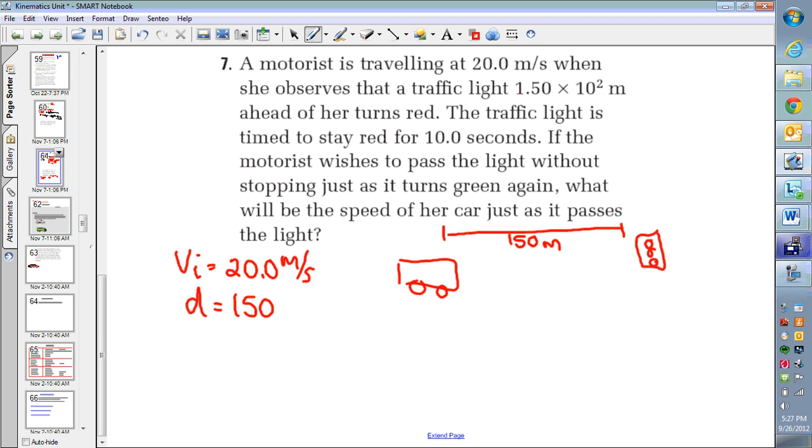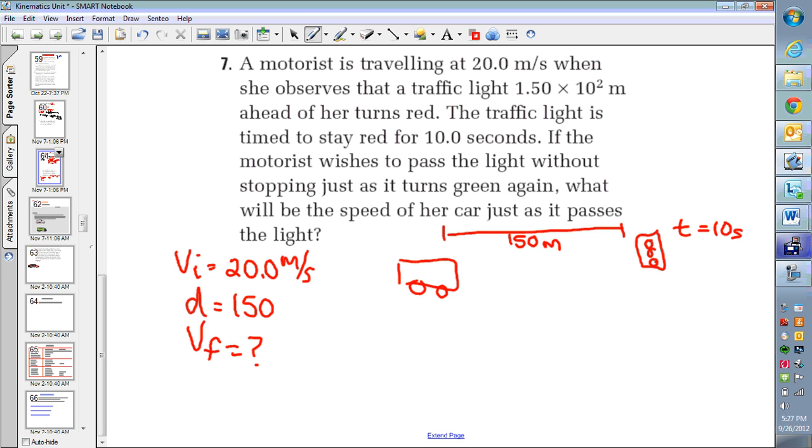The traffic light is going to stay red for a time of 10 seconds. If the motorist wants to pass without stopping just as it turns green, which is a highly unsafe practice, but we'll carry on. They want to slide through just when it turns green. What would the speed of the car be, VF equals question mark, just as it passes the light?